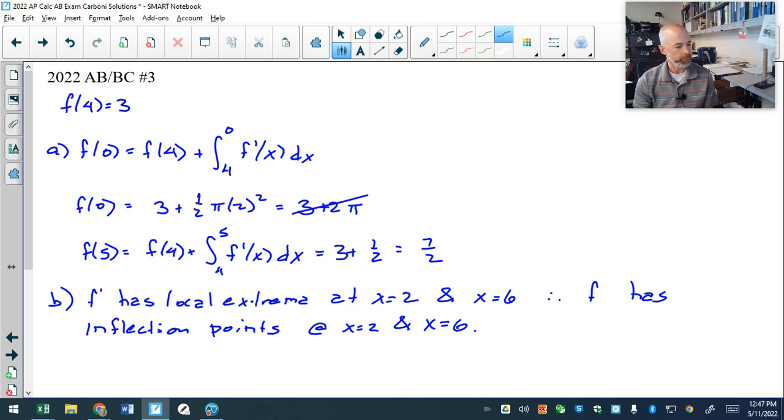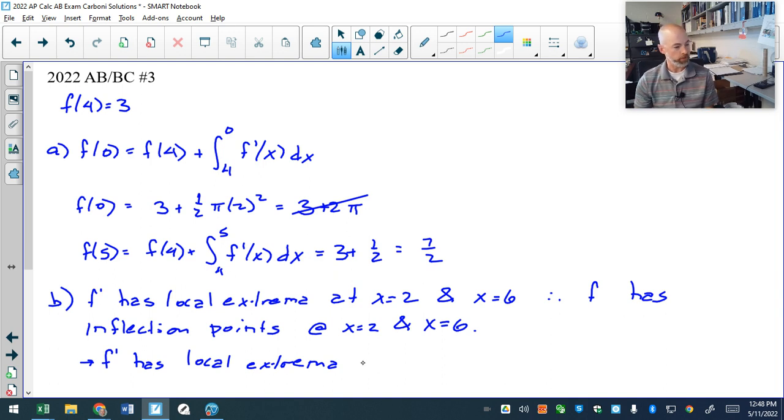I like that. If you want to kill this dead, you could say that F prime has local extrema. Anytime a graph, regardless of whether it's F prime, F double prime, whatever, anytime a graph has a local extrema, that will happen where that graph's derivative changes signs.